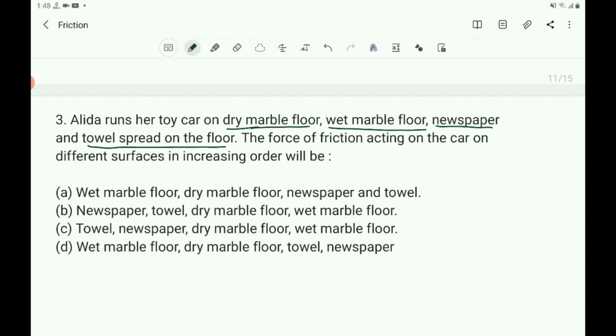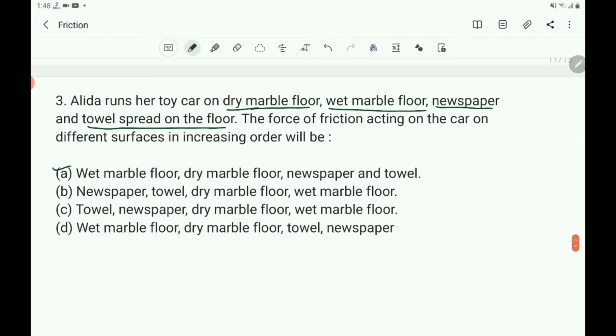Which are the options here? A: wet marble floor, dry marble floor, newspaper and towel. B: newspaper, towel, dry marble floor, wet marble floor. C: towel, newspaper, dry marble floor, wet marble floor. And D: wet marble floor, dry marble floor, towel, newspaper.